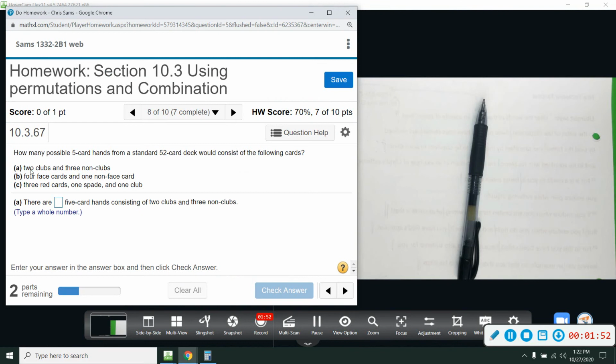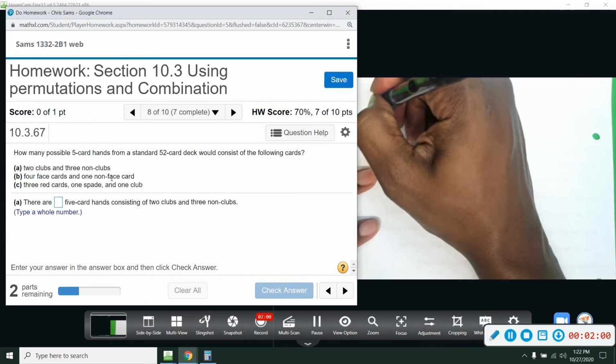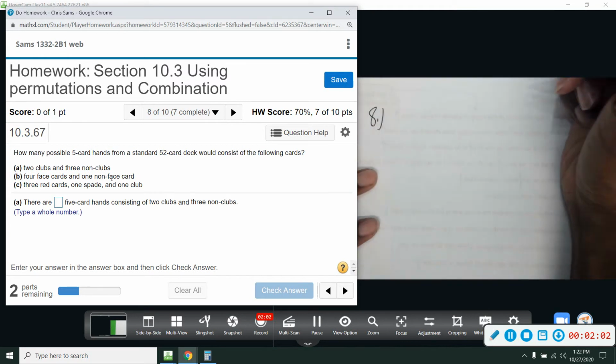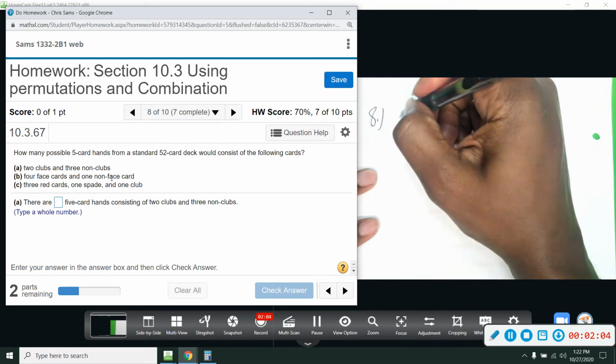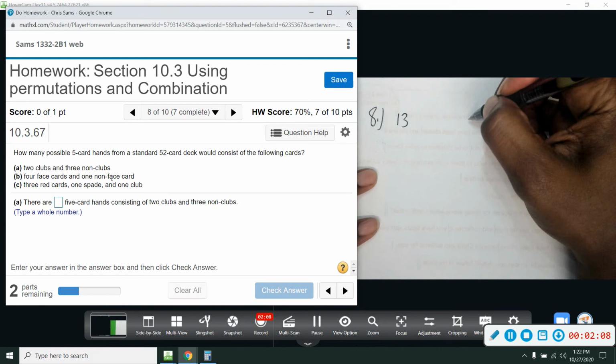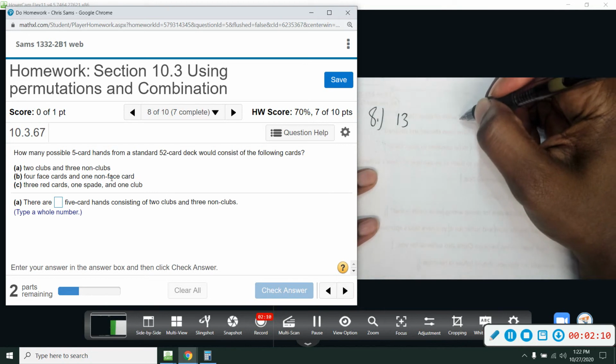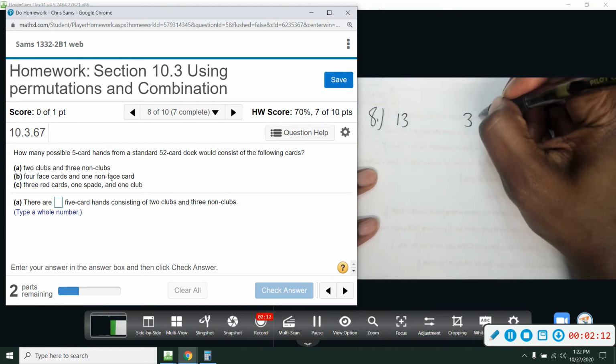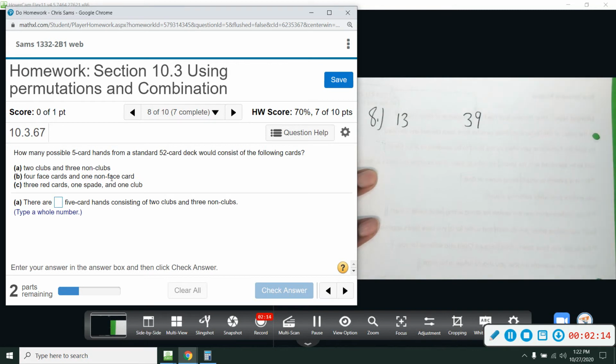So the first scenario wants 2 clubs and 3 non-clubs. Okay, so out of 52 cards, we're going to break it down into 2 groups. There are 13 clubs, and if you take 52 minus 13, there's 39 other cards.